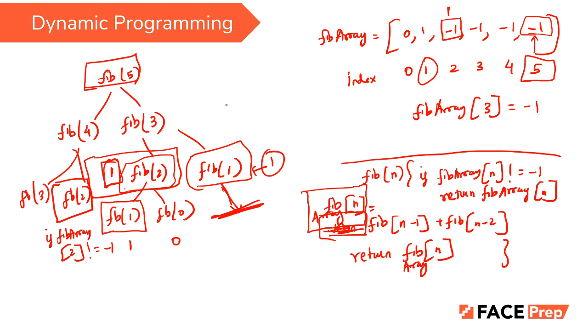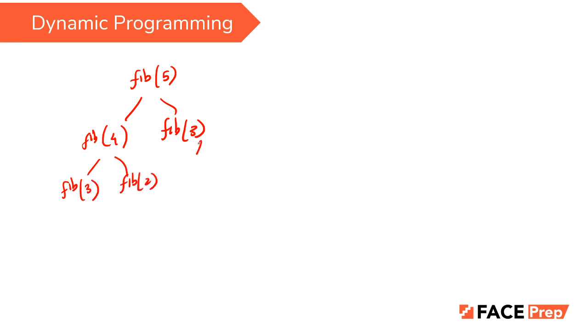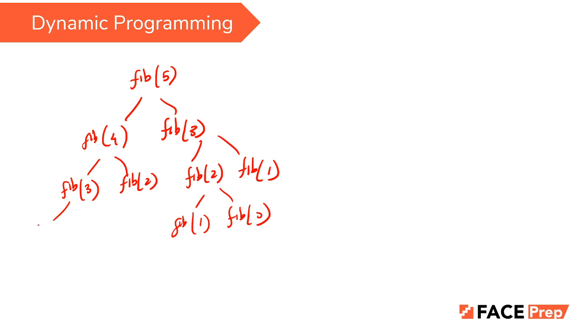The recursive tree is going to look like this. I am going to draw the recursive trees for both cases. So this is how the recursive trees for the cases are going to look.